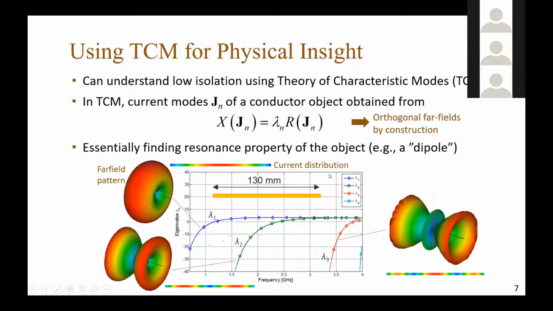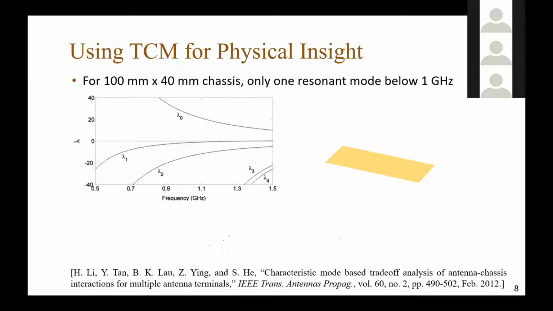So this is, of course, an example where you don't need to use characteristic modes. You can figure out what the modes are. But it tells us that characteristic modes allow us to find the resonance of an arbitrary shaped object. It doesn't have to be a regular shaped object, which is why characteristic modes can be very interesting. For example, a flat plate is like a flat dipole.